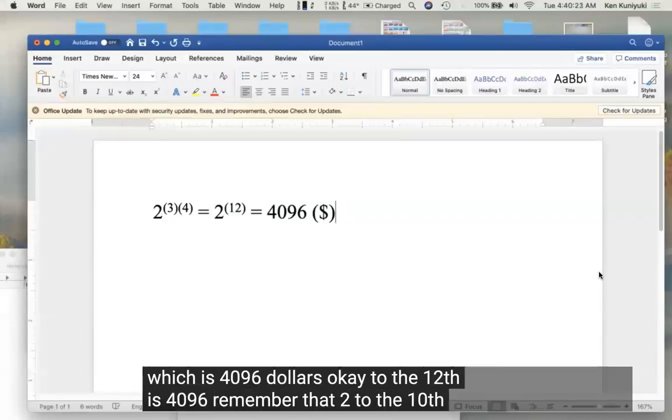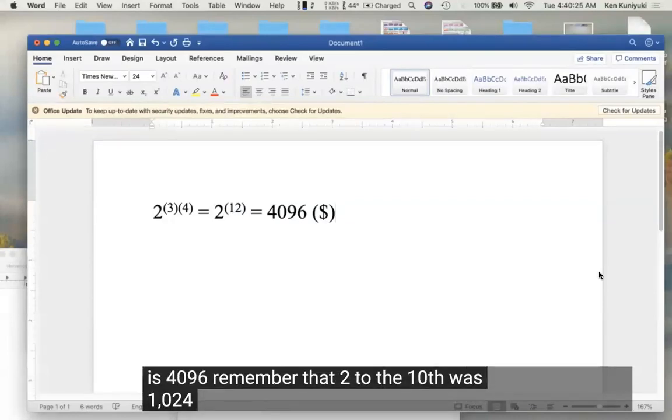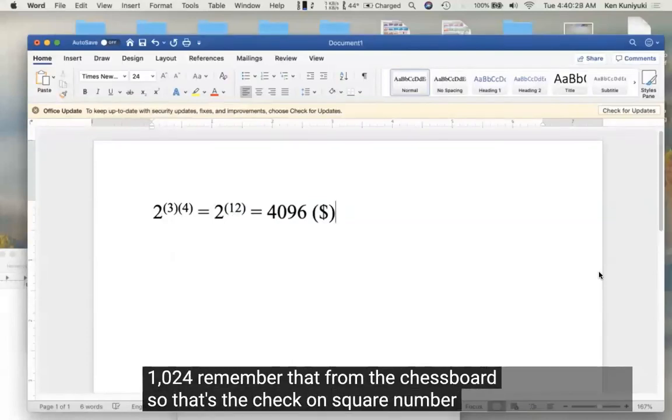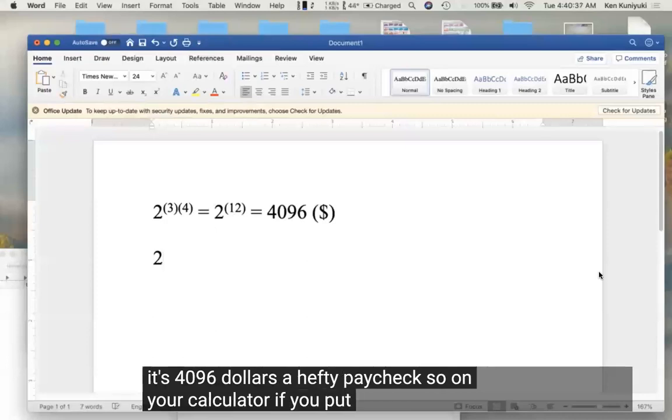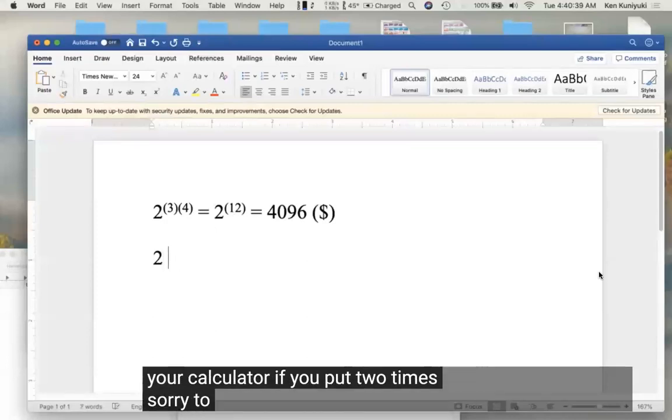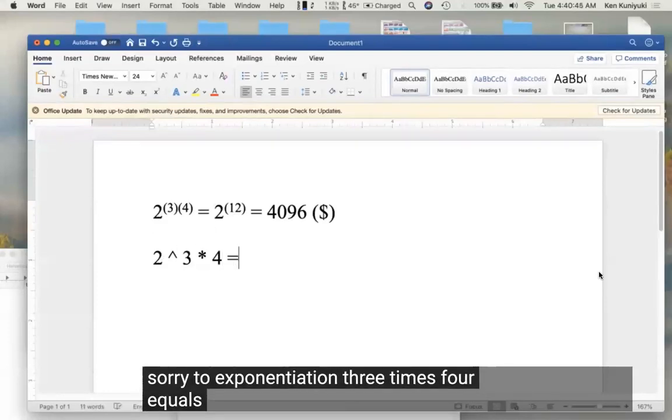Okay, 2 to the 12th is 4,096. Remember that 2 to the 10th was 1,024. Remember that from the chessboard? So that's the check on square number 12. It's $4,096, a hefty paycheck. So on your calculator, if you put 2 exponentiation 3 times 4 equals, would that give you 4,096?